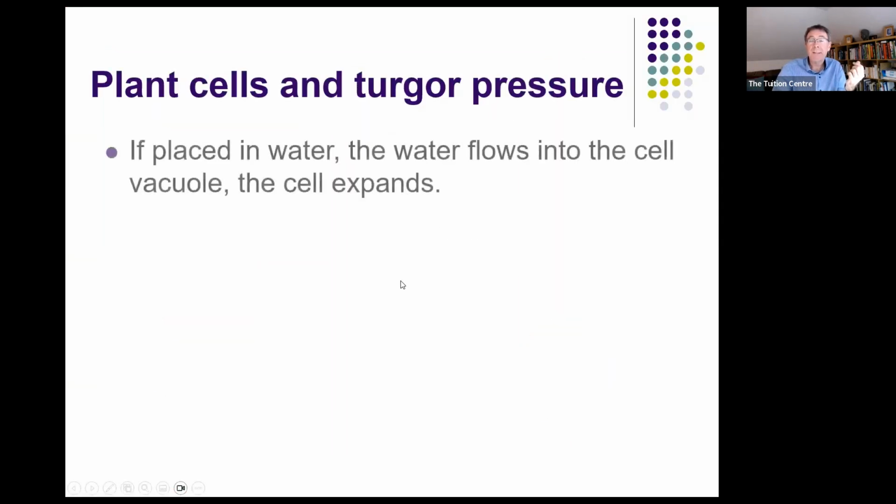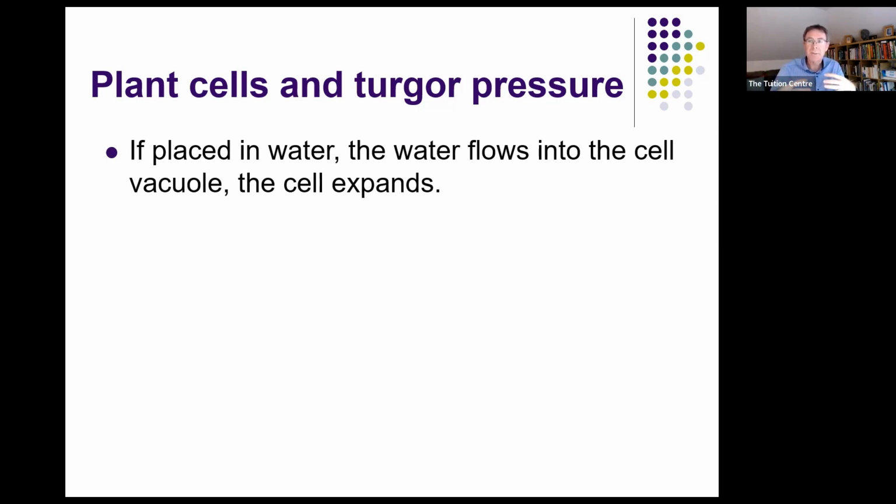Okay, if plant cells are placed in water, and this is generally the state of a plant cell, usually there's lots and lots of water inside the stem or the leaves of a plant. And we'll see why that is in a minute. So plant cells are highly adapted to be able to take on loads of water. They have a huge central vacuole that swells full of water.